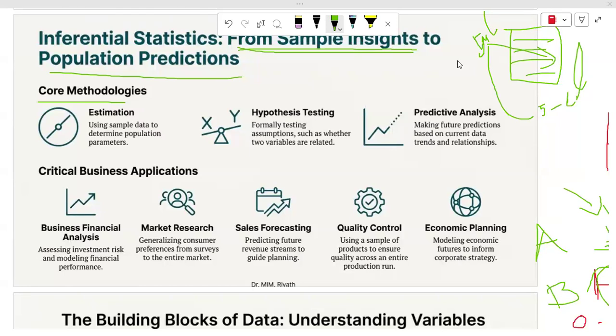That is descriptive statistics: describing only the sample, the 88 students.